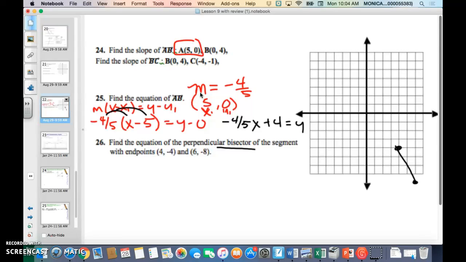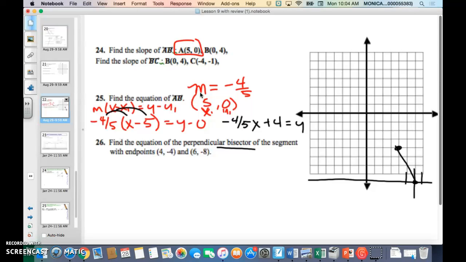So I'm just going to add a line here. There we go. All right. Now, find the equation, so ultimately we know where we're going to end up.